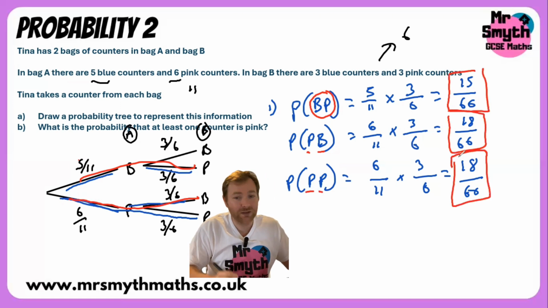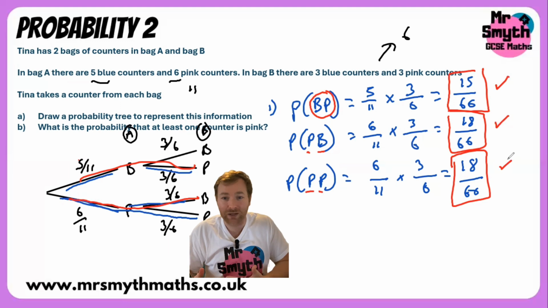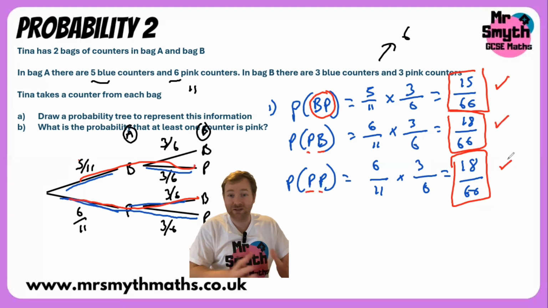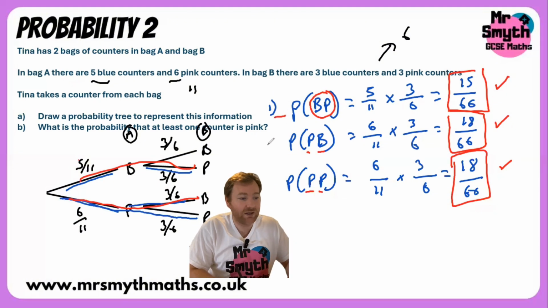So this is where we need to go to the next part of the question, because it says, what is the probability that it's at least one pink? Well, we've got 3 versions of where it's at least one pink. So I want all of them together. So if it's at least one pink, it could be this one, or it could be this one, or it could be this one.